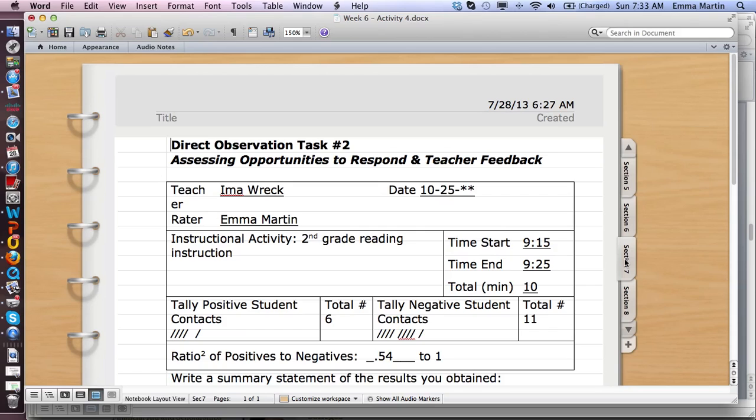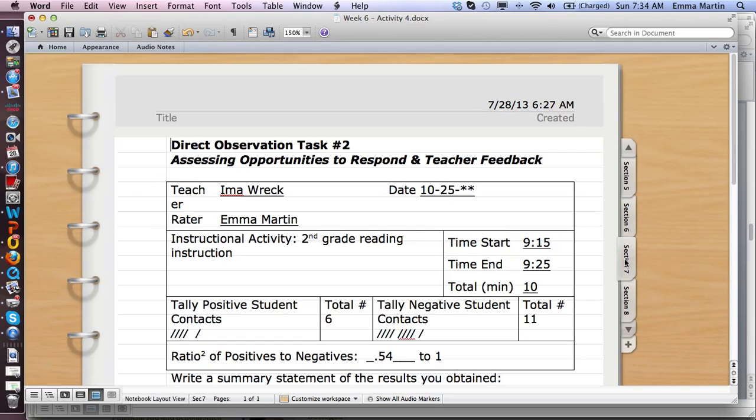In the next chapter in your book, it'll talk about opportunities to respond. Specifically, that is when the teacher asks students to respond, and then we're able to get some information from that. The more teachers engage students in responses, the more likely we are to have good academic engagement and student learning occurring.